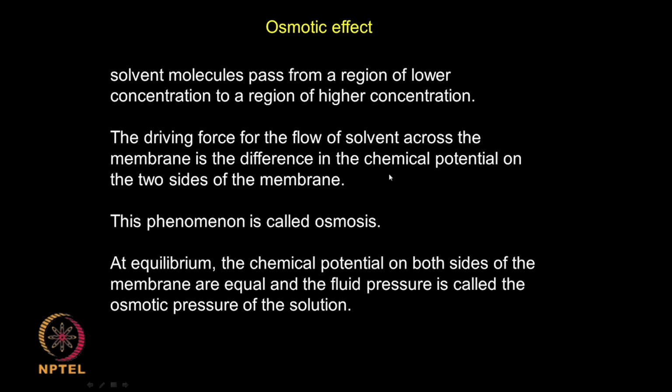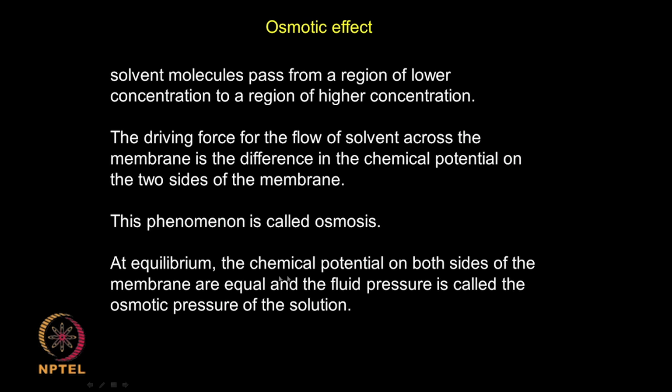So, you are trying to balance the chemical potential. When the concentration of a solution is low, the chemical potential is high, and when the concentration of the solute is high, chemical potential is low, and so from a low concentration the solvent flows to a higher concentration, and then there is a balance. This is called osmosis.